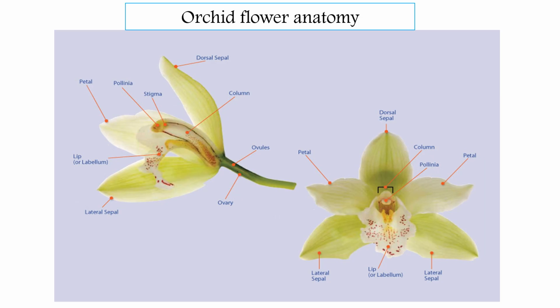Then comes the lip, or labellum, and at the upper end is the column, and then the pollinia. The pollinia are pollinated by pollinators like bees, butterflies, and dragonflies. Many kinds of insects pollinate it, and some birds also pollinate it. So these are some of the anatomy of the orchid flower. Then we move to our next one.